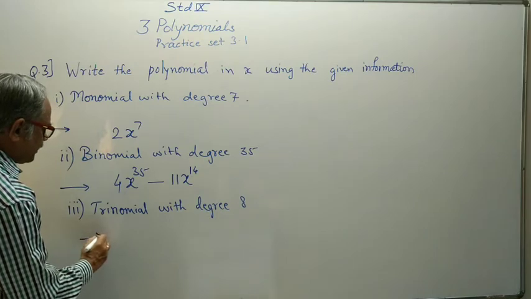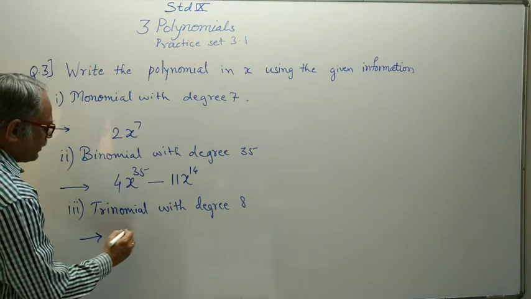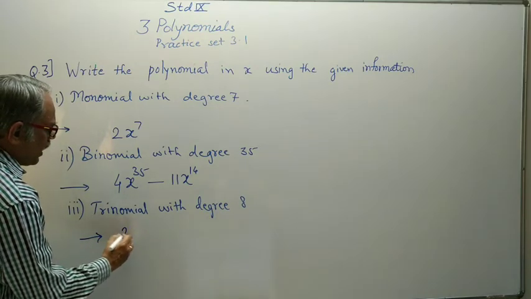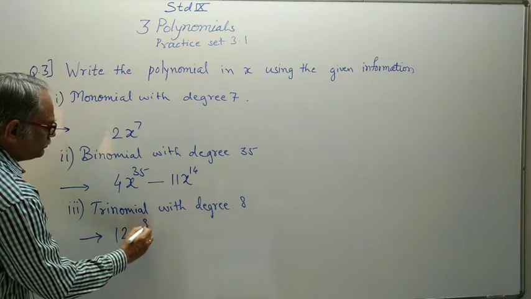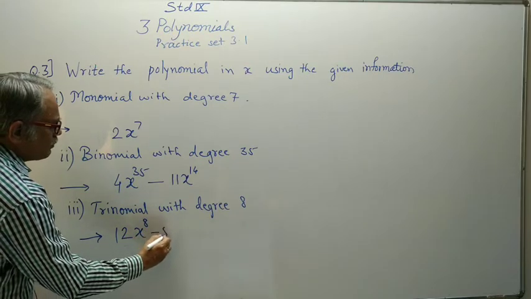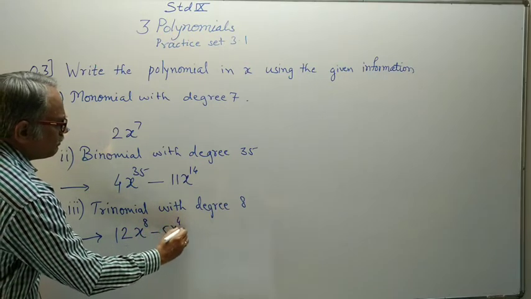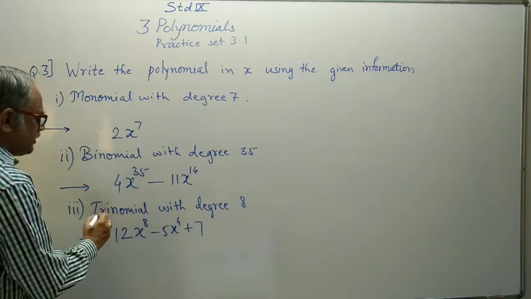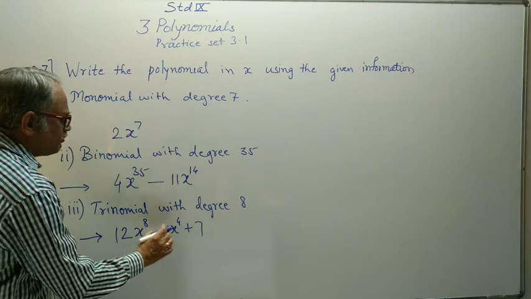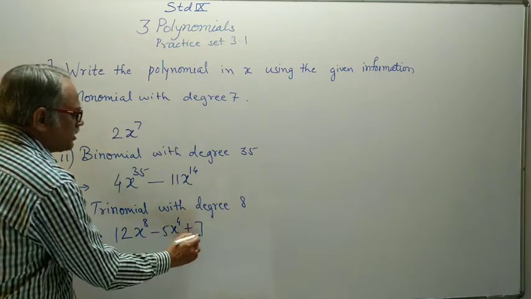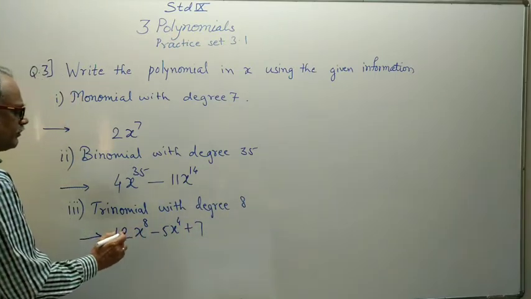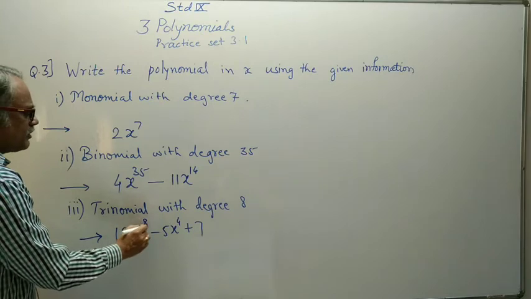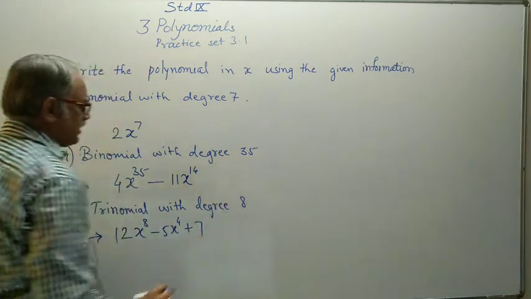So I am writing the answer: 12x raised to 8 minus 5x raised to 4 plus 7. Trinomial means 3 terms, 2 times plus or minus must come: first, second, third term, and the maximum index should be 8 because the degree is 8.